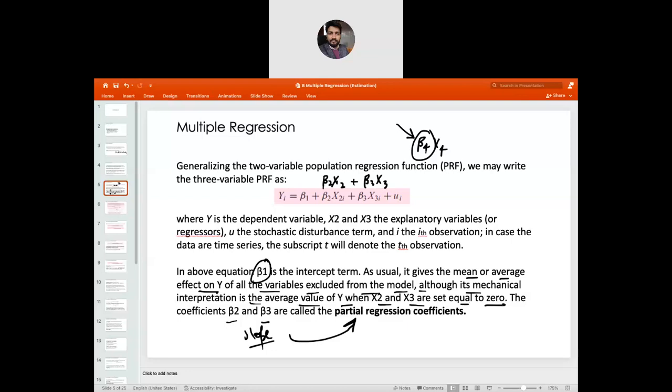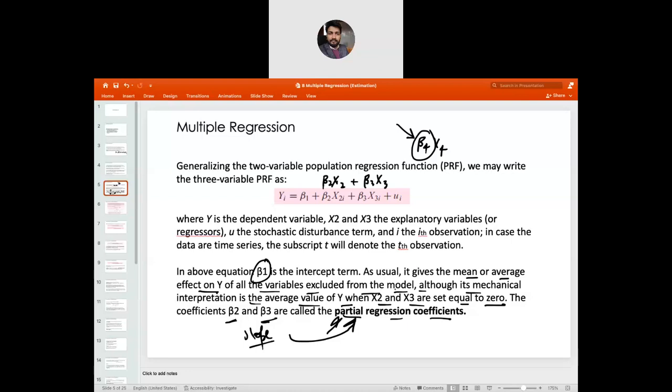I'll explain why they are called partial regression coefficients. Why partial? What does it mean? How do you interpret the intercept? It is simply the mean effect on y of all the variables excluded from the model.